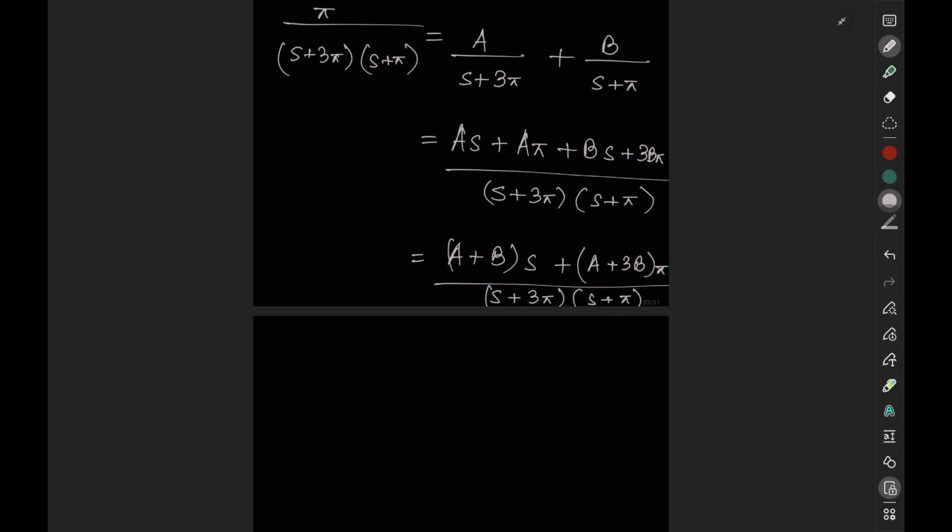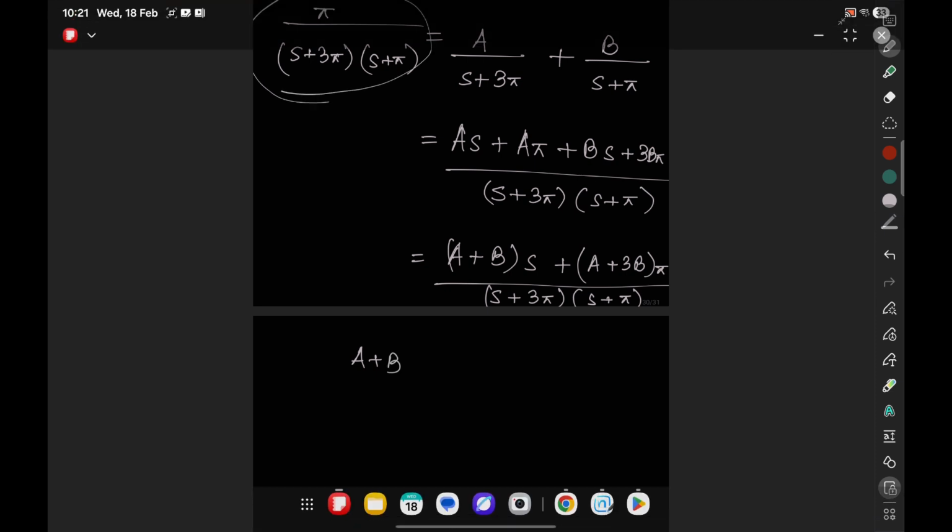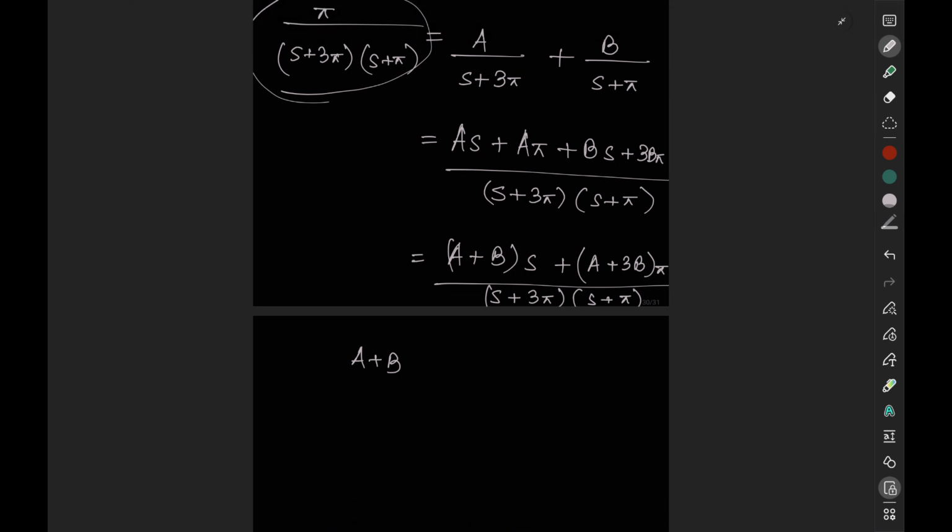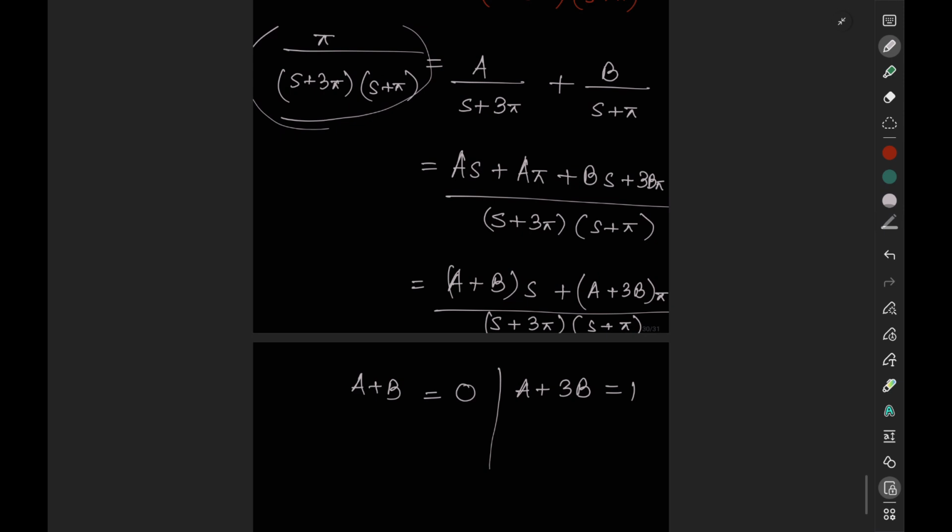Now if we compare this with the original equation, we will get a plus b as 0, because in the original expression there is no s term in the numerator, and a plus 3b will become 1 because the coefficient of pi is 1.